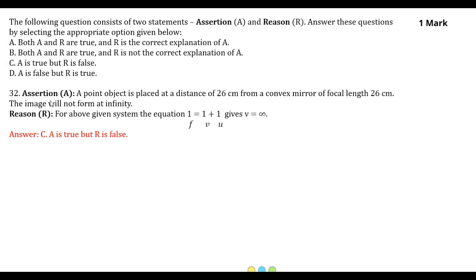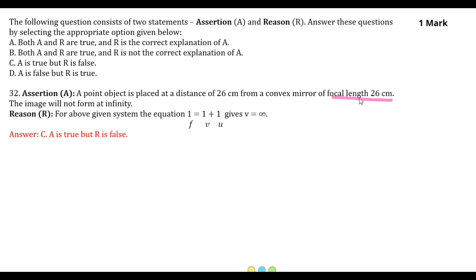So we will read the assertion. A point object is placed at a distance of 26 centimeter from a convex mirror of focal length 26 centimeter. So the object distance u is 26 centimeter, our mirror is convex, and the focal length f is also 26 centimeter.